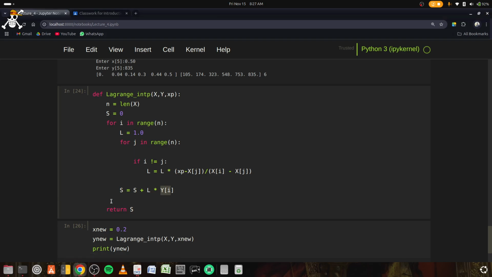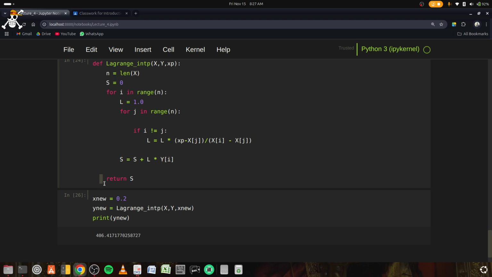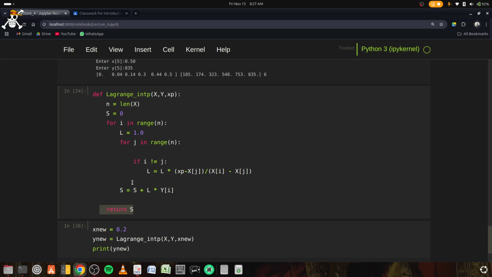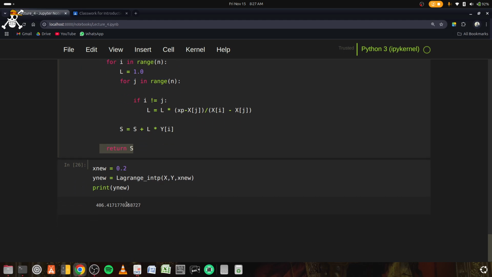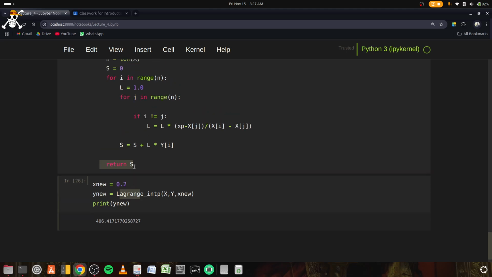So here you see we lastly find the value of sum, and it will return the value of the summation. So again, when the new data point is 0.2 and we want to find y new, y new will be returned by the Lagrange interpolating function.